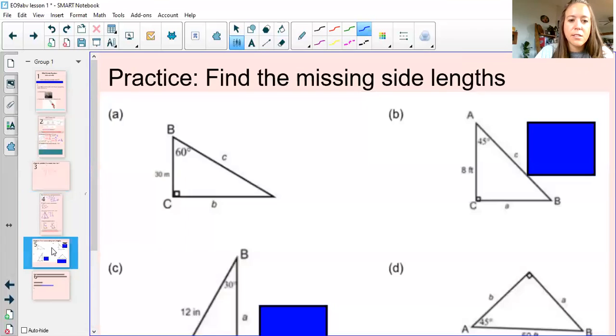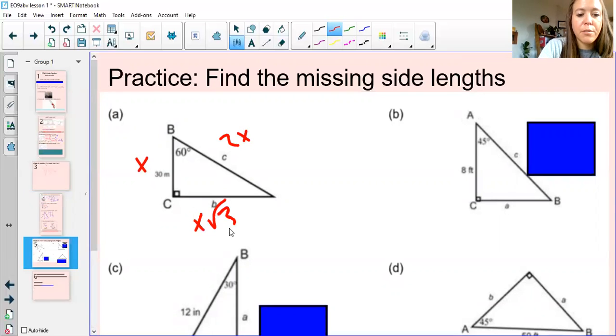So now as we look at our example here, we can correspond that. We can say, all right, across from 30 was our x, this was 2x, and this was x times the square root of 3. So applying that, if x is 30, 2x, which is our c, is going to be 2 times 30, which gives me 60.